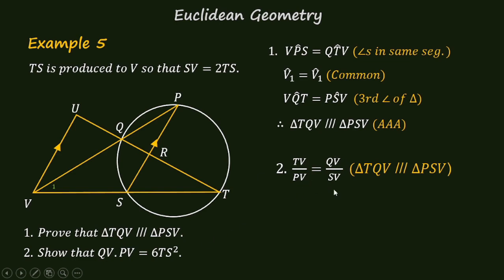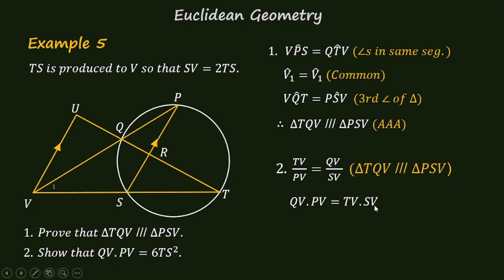I chose these sides because they have the PV that they want. They also have the QV that they're looking for. So if I cross multiply these two, I will have QV times PV, which is what they are looking for here, and it will equal TV times SV.